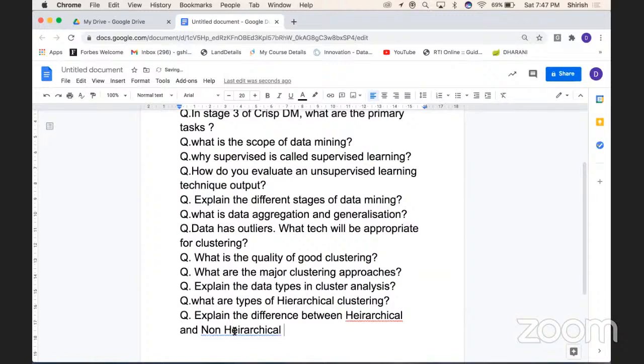What is the mistake I have made? Okay. Yeah. Non-hierarchical clustering. Hierarchical and non-hierarchical clustering, friends.